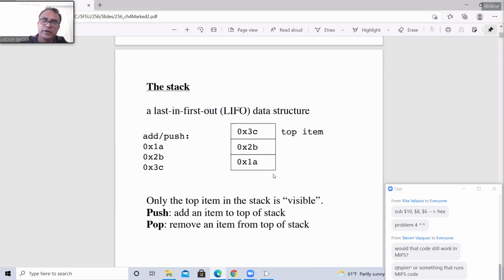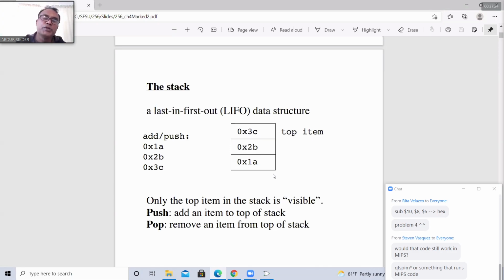So you push to add an item to the top of the stack, and when you take one out, you have to remove an item from the top of the stack as well. So adding and deleting will be from the top, because that's a stack. You cannot go to a particular location. You have to go through the first one, second one, third one like that. You have to remove those first and then go to the bottom one.